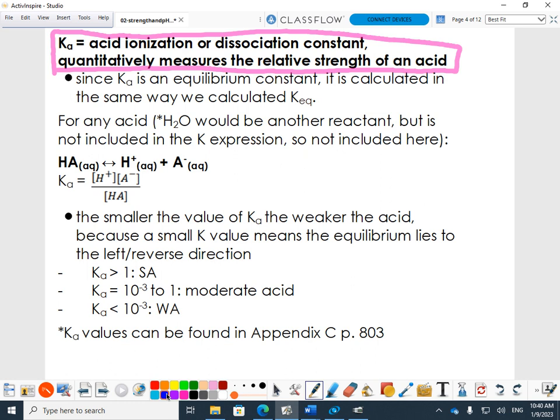If you look on page 803, there is a list. It says Ka and Kb for common acids and weak bases.